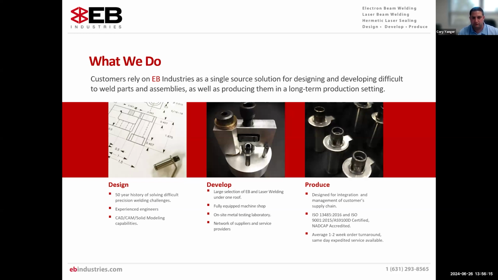The first thing that pops into my head is that it's very difficult to shift EB welding services to your own in-house ability. Corey touched on it on one of his earlier slides: the equipment is incredibly costly.